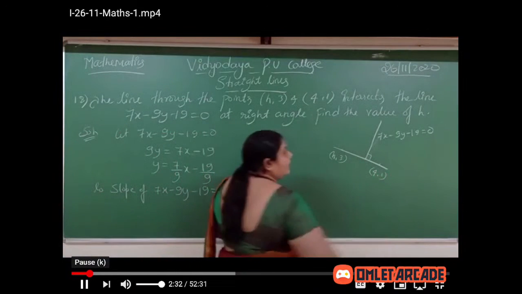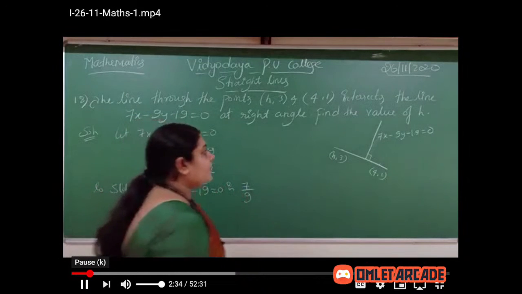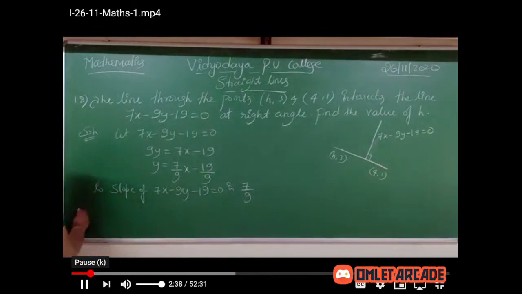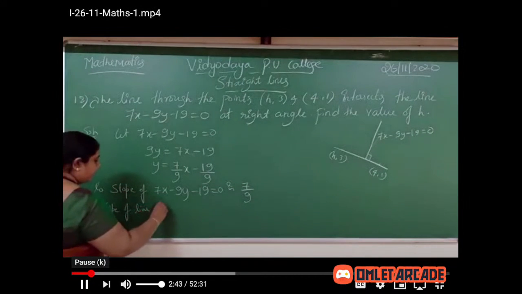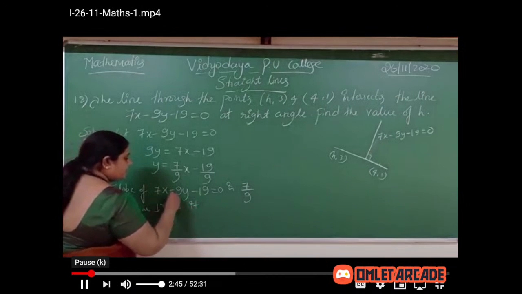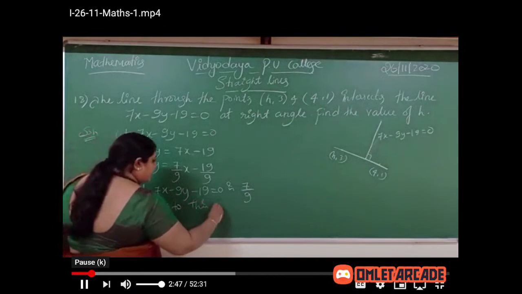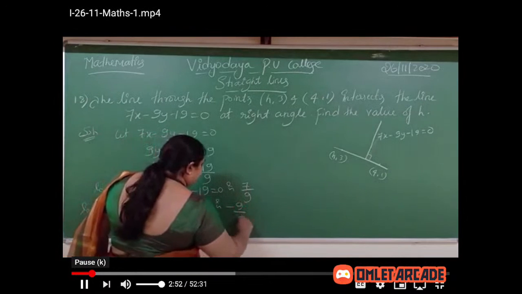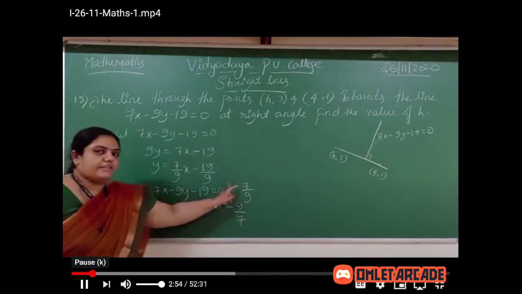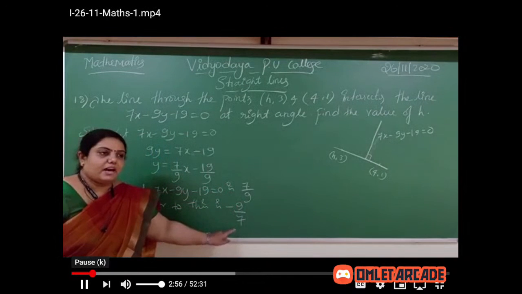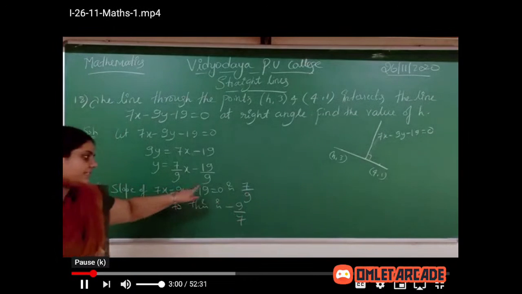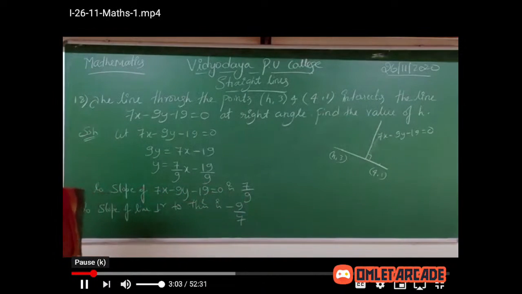Why? Because these two lines are perpendicular to each other. So the slope of the line perpendicular to this is minus 9 by 7. Are 7 by 9 and minus 9 by 7 negative reciprocals of each other?